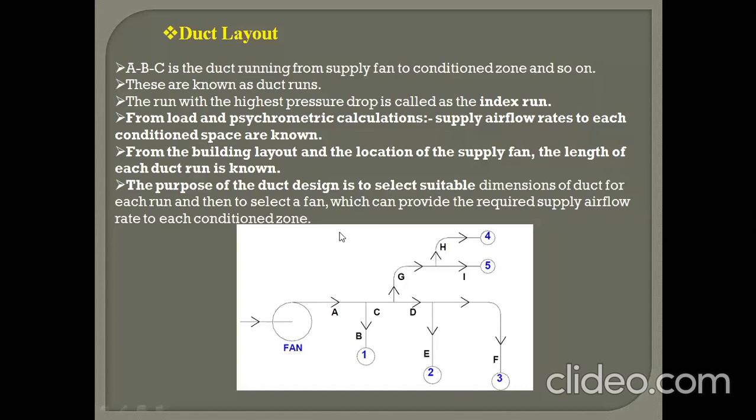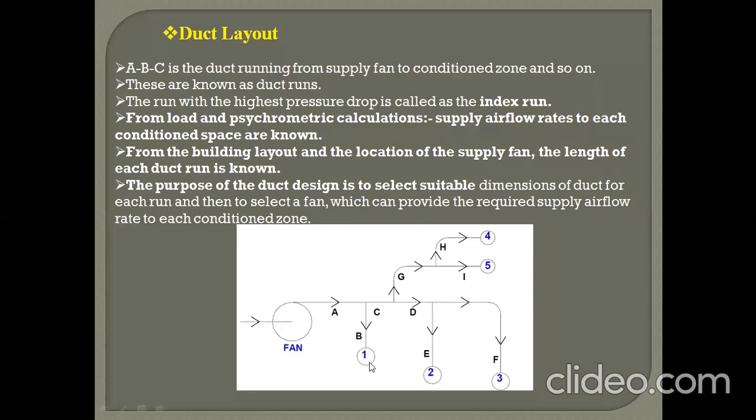Now students, in duct layout, always remember what is meant by run. So run is A, B, C. This is the duct run. And index run means the duct run with the highest pressure drop. Next, from the load calculation and psychrometric chart, you already know the quantity of air required for room 1.